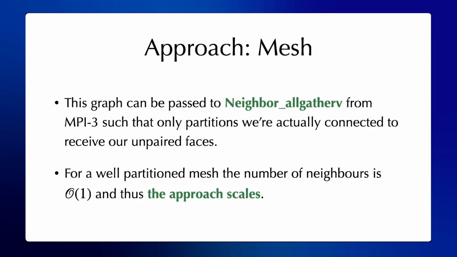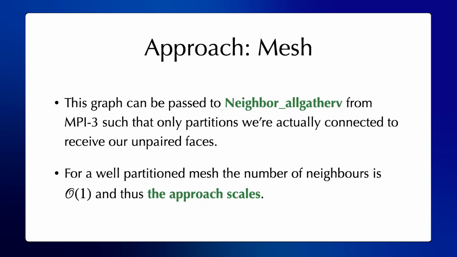Then, once we have that connectivity graph, we can pass this directly to the rather neat function neighbor all gather V. This is the neighborhood collectives that were part of the MPI3 standard. And effectively, we only send our list of unpaired faces to ranks that could actually be our neighbor.